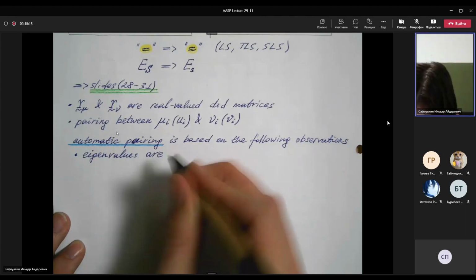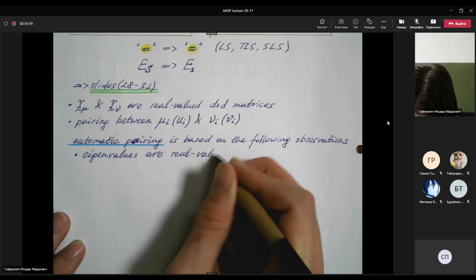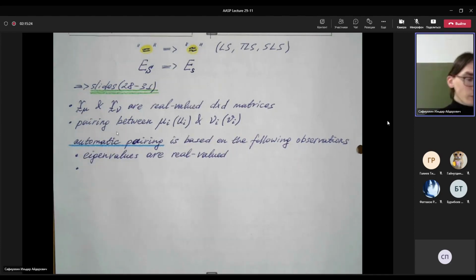Then second observation, from the eigenvectors. So eigenvectors can be chosen to be real valued.